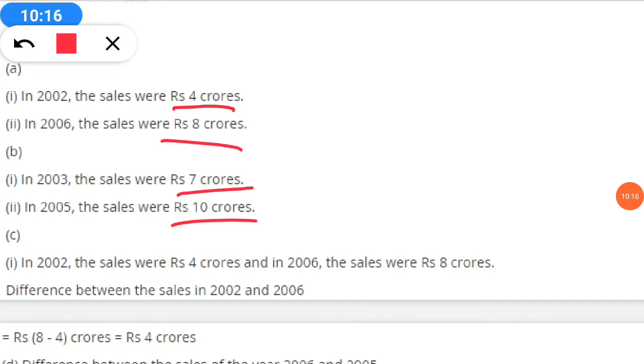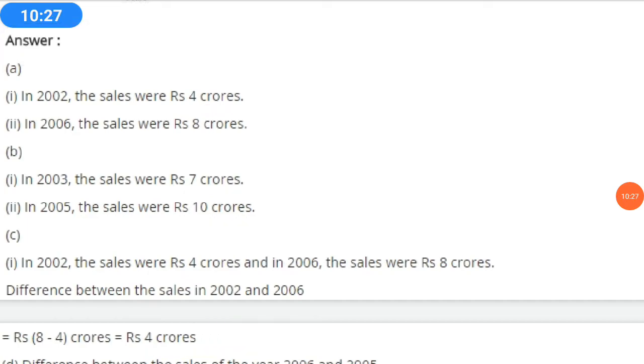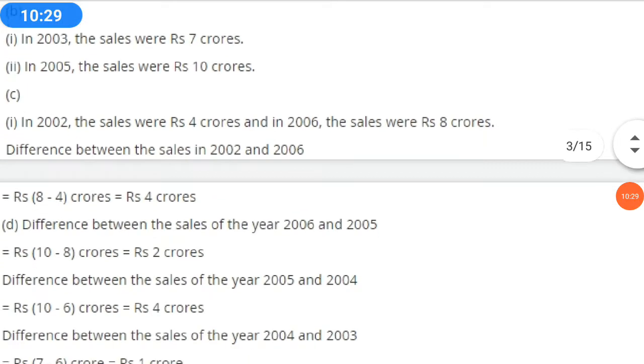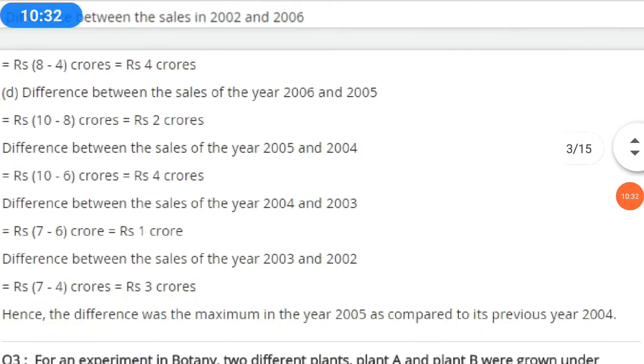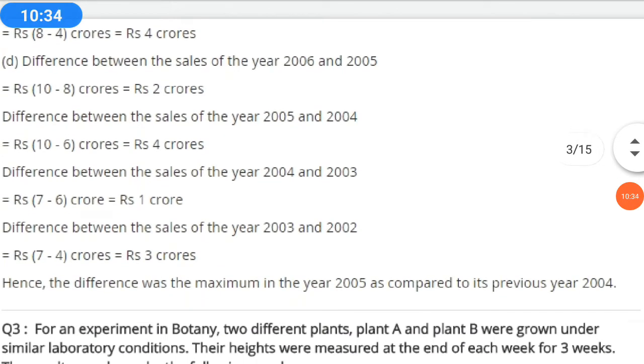Clear? Then in the C part of the question, in 2002 it is asked the difference between these two. So it will be 4 crores, as 8 crores minus 4 crores will be 4 crores itself. Then the D part of the question, difference between in 2006 and 5. So again you have to minus what?